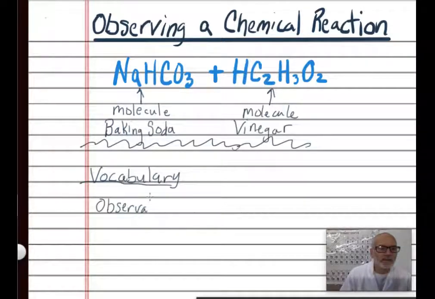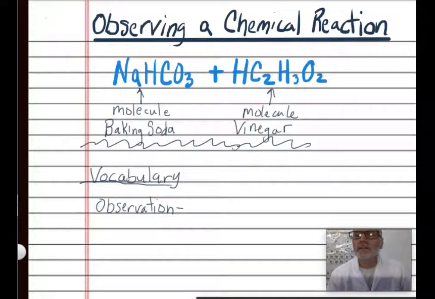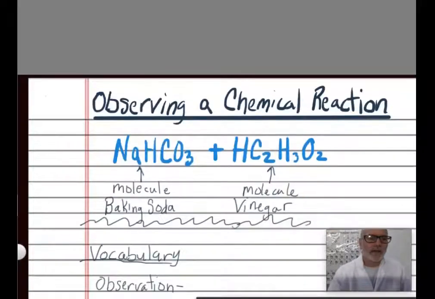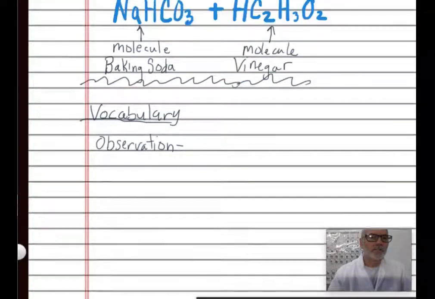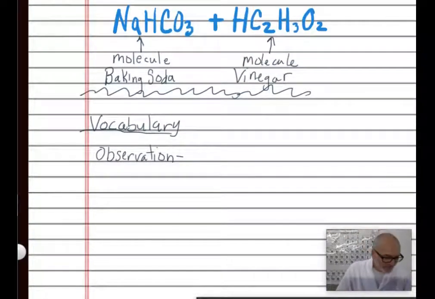Observation, right? And one thing I'm going to have to do is lower my screen a little, so you guys can see a little bit better. Observation, and we decided that was to pay close attention to something.